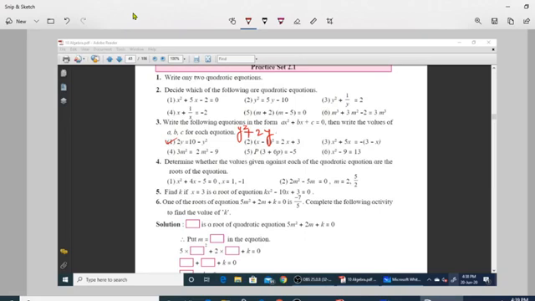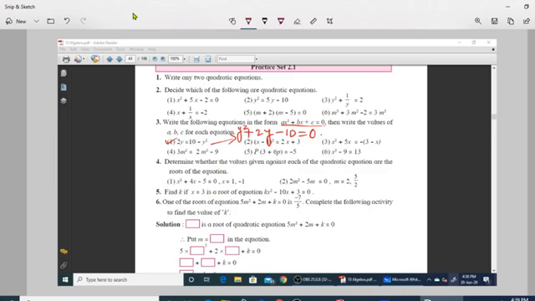So I can bring it to the left hand side, it will become minus 10 equals 0. Now this equation number 1 is in proper standard form, that is ax square plus bx plus c equals 0.